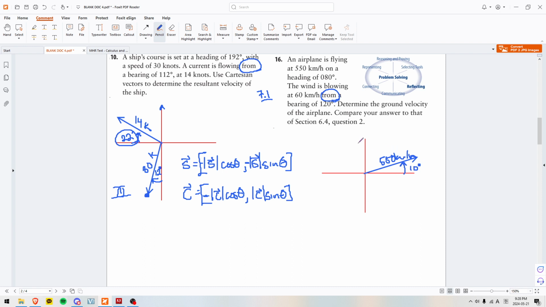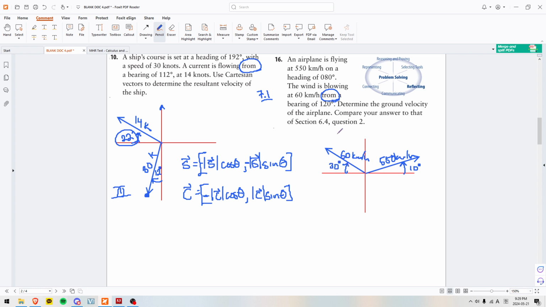The wind is blowing from a bearing of 120. 120 would be about here, but it's blowing from, so it's blowing this way at 60 kilometers an hour. And because that's a 120, that was a 30, this is 30 degrees.